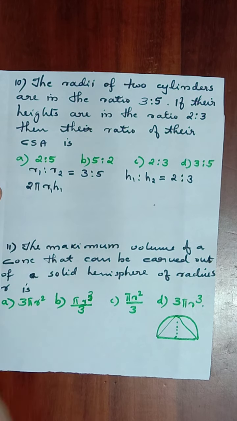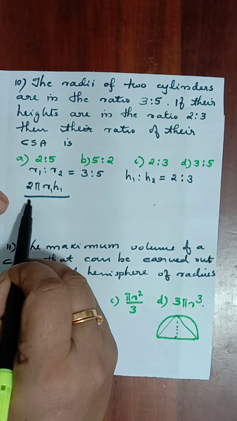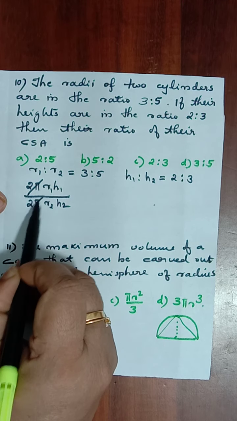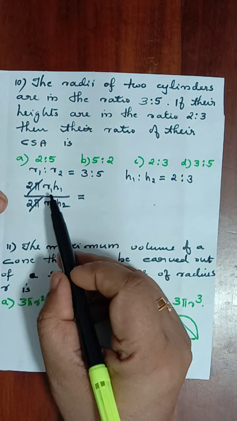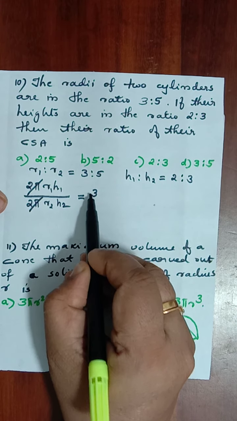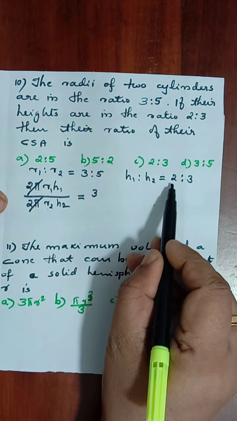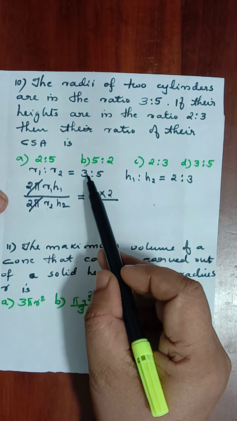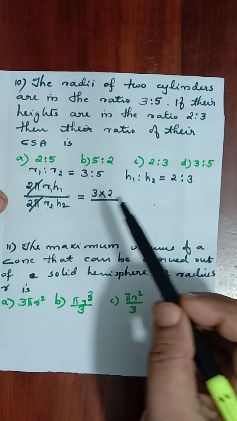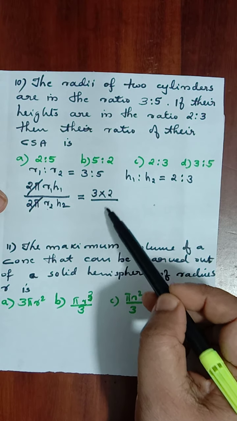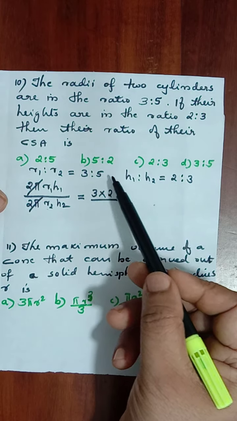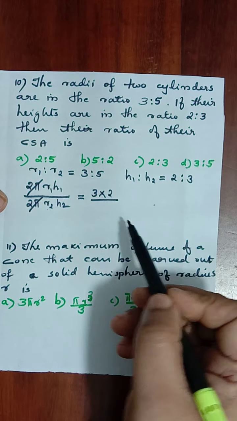So it is 2 pi R1 H1 by 2 pi R2 H2. 2 pi cancels. R1 is 3, H1 is 2. As it is a ratio, we can consider 3x and 5x, but since they appear in both numerator and denominator they cancel, so we can directly take 3 and 2.